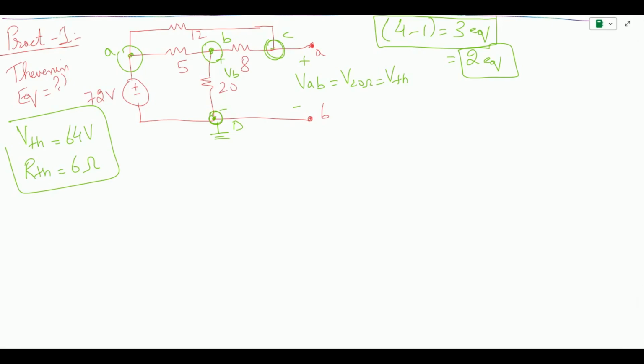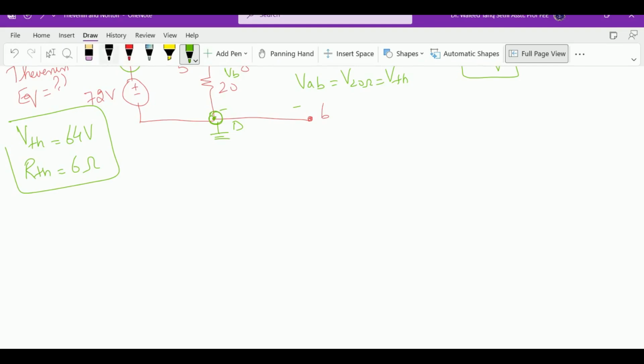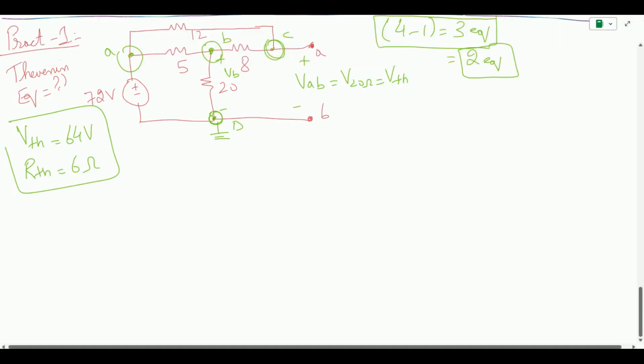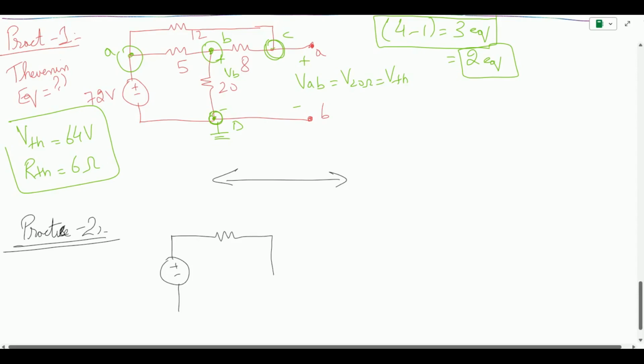You can also work with dependent sources. So let us say this is another question that you can work with. Practice problem number 2. So that is, let us say you have a voltage source and a 2 ohm resistor, then you have a current source of 4 amps, and then you have another 8 ohm resistor, and these are the terminals.